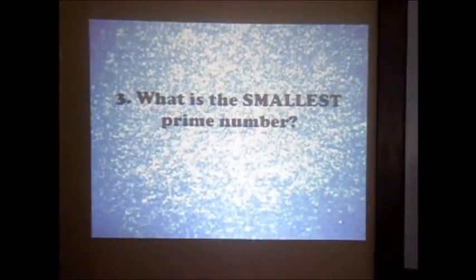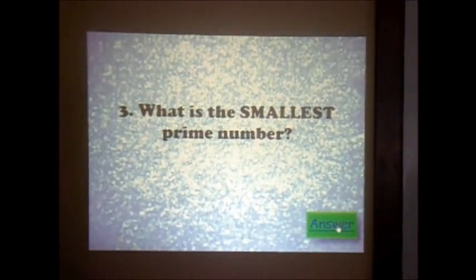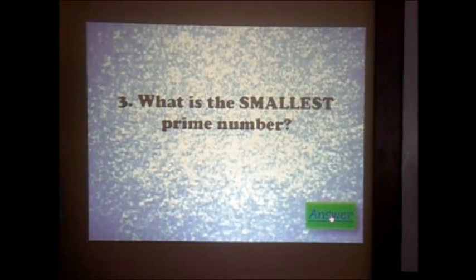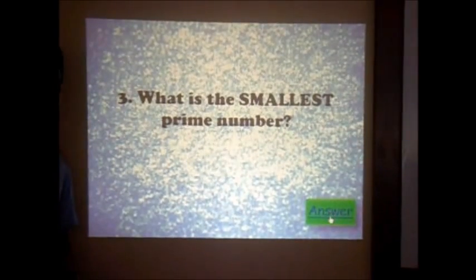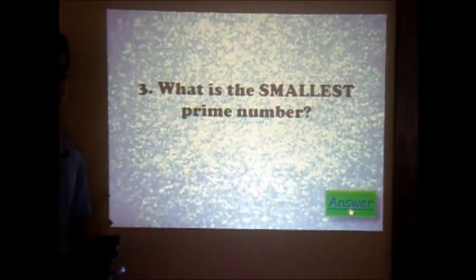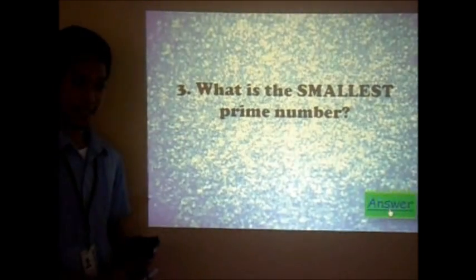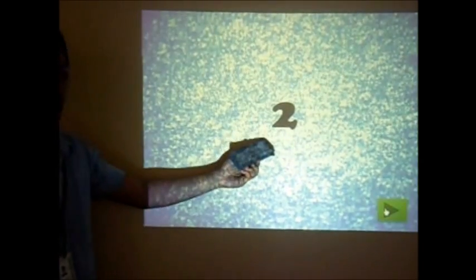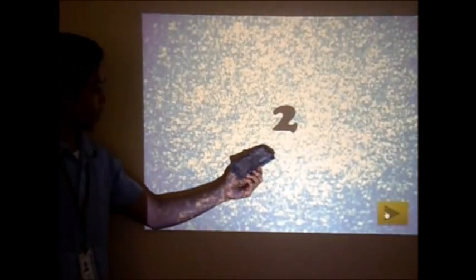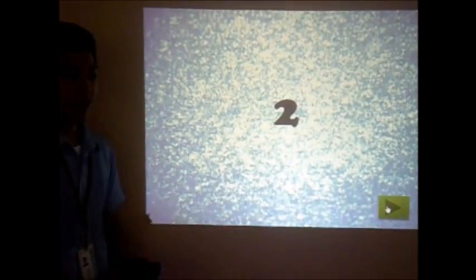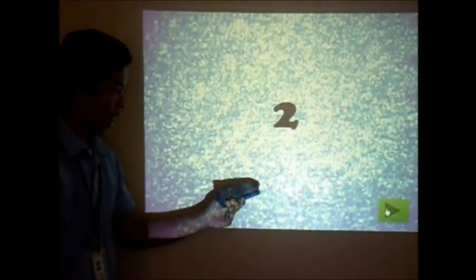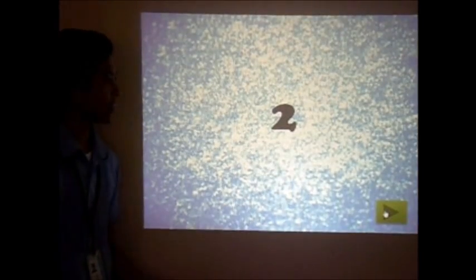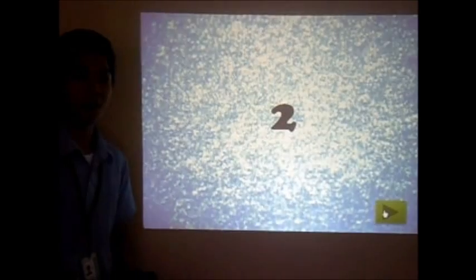We have the next question. What is the smallest prime number? When we say prime number, its only factors are 1 and itself. So the answer for the smallest prime number is 2, since 2 has no other factor; the only factors are 2 and 1. So that is our smallest prime number.